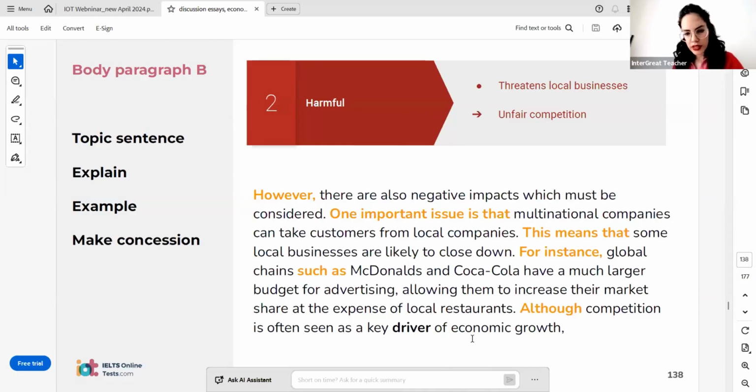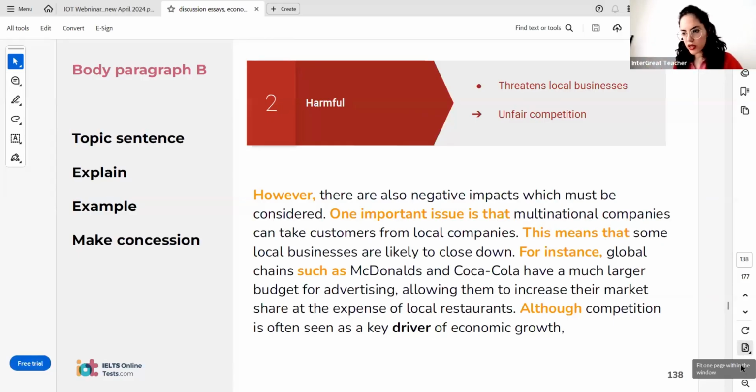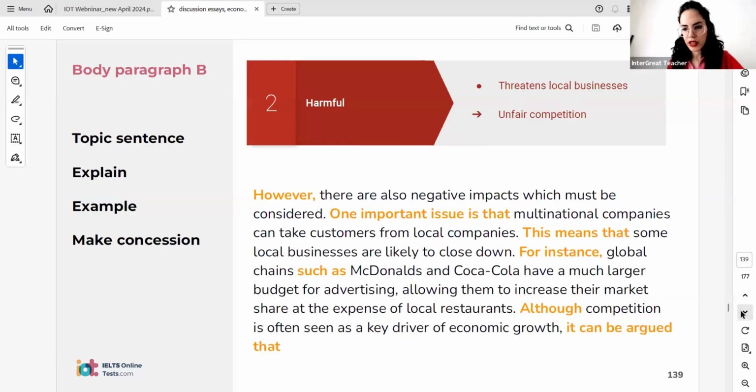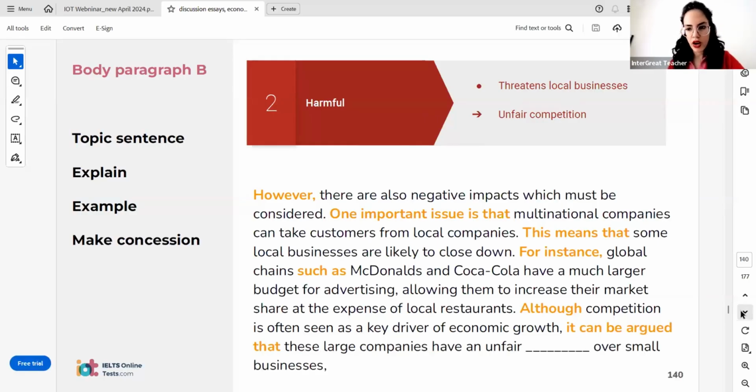All right. So is a key driver of economic growth. This is my opposite side. Now I need to say something which is in line with what I've been saying in this paragraph. It can be argued that these large companies have an unfair what over small businesses?